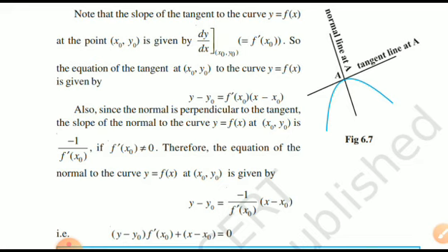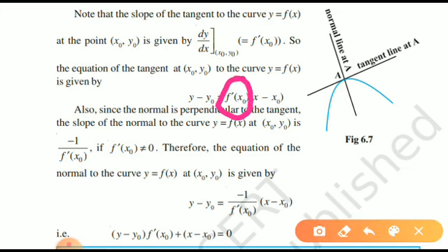So if f dash of x naught is the slope of the tangent, can you guess the slope of the normal? It will be minus 1 by f dash of x naught, where the condition is that f dash of x naught should not be equal to 0.